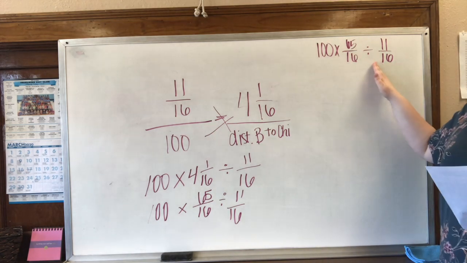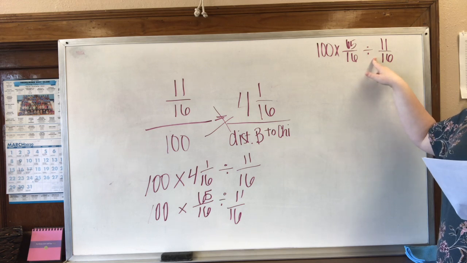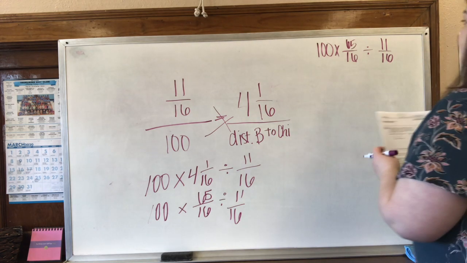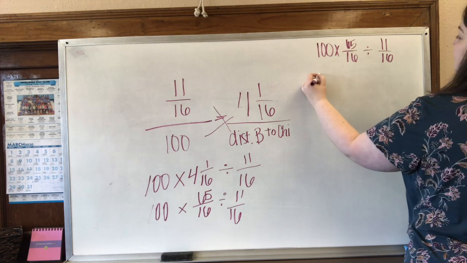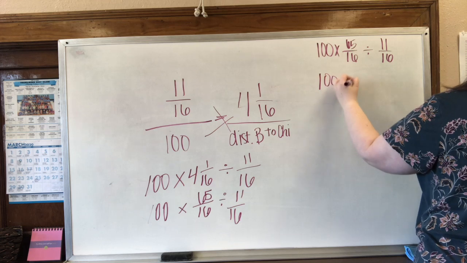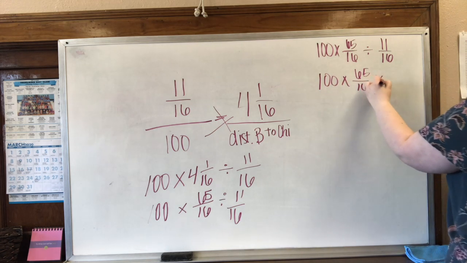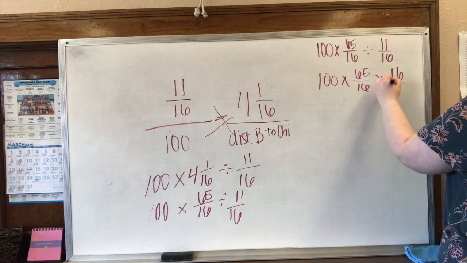Now to make this all multiplication, when you have a fraction, you flip these two numbers. So instead of divided by 11/16, you're going to have 100 times 65/16 times, watch this, 16 over 11.